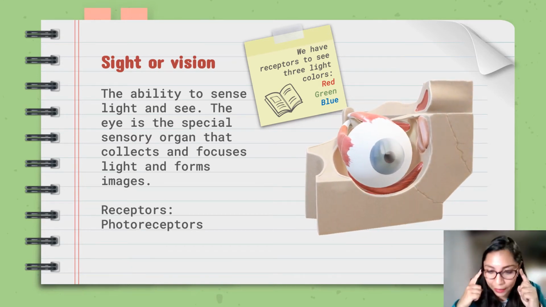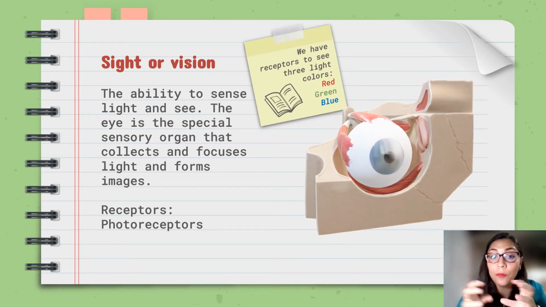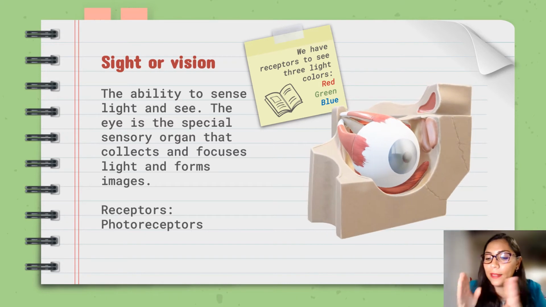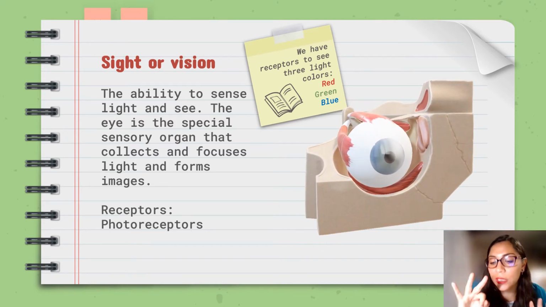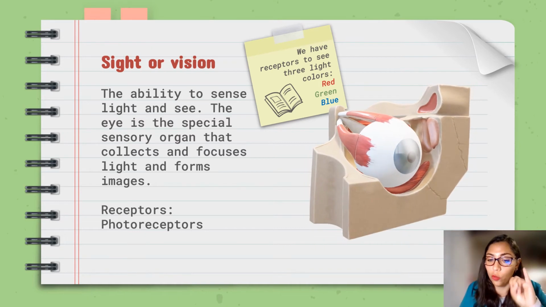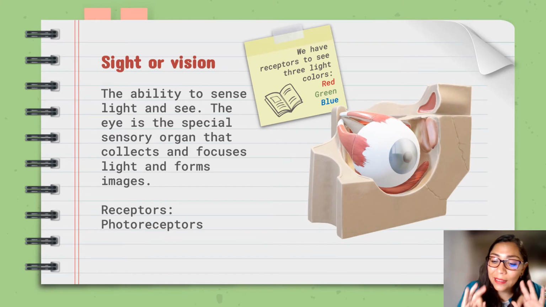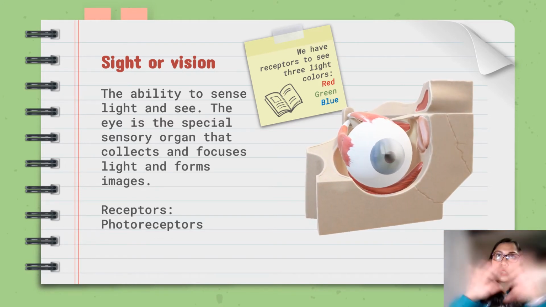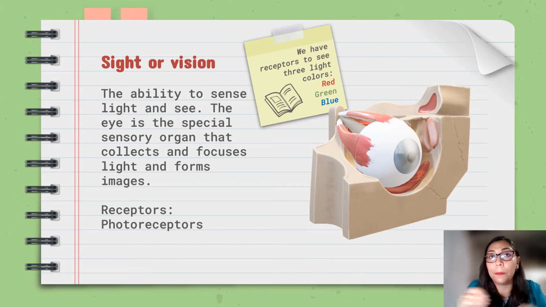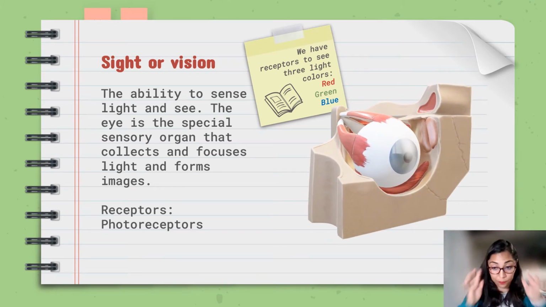Inside our eye, we have specialized receptors that perceive the different types of light. We have receptors to see three different light colors: red, green, and blue. Those light colors allow us to form all the colors and all the forms and perceive all the things that we see in our environment.